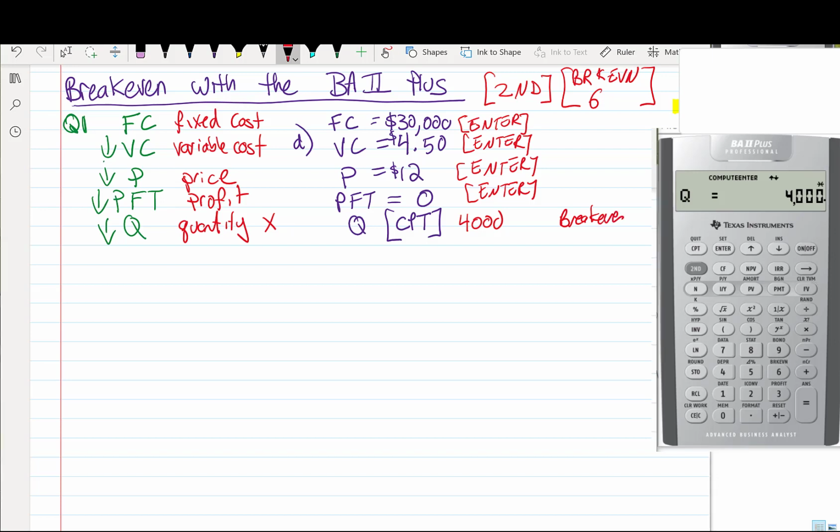Okay, so now let's look at E. Profit when X equals 4,001. In that case, let's go back. We go fixed cost is still 30,000. Variable cost is still 4.5.